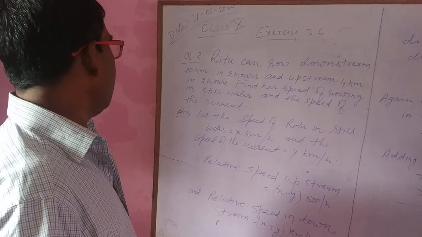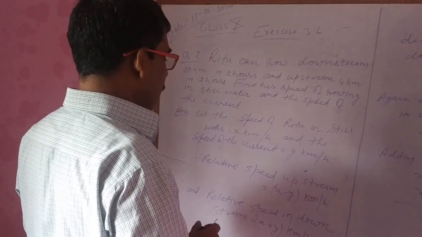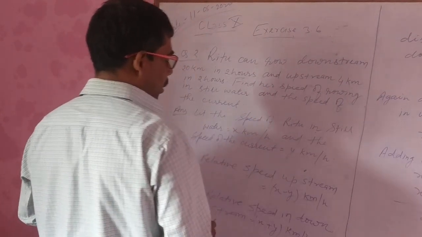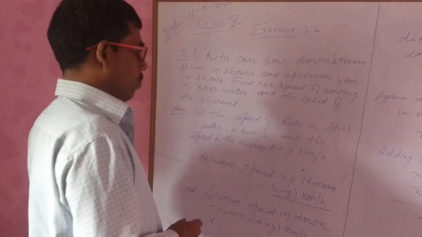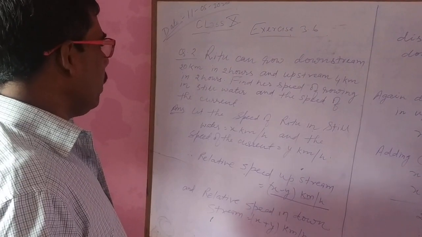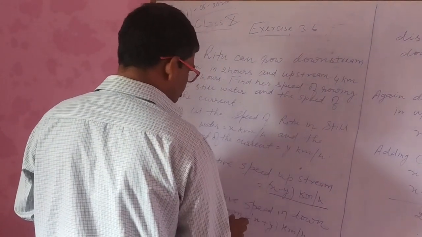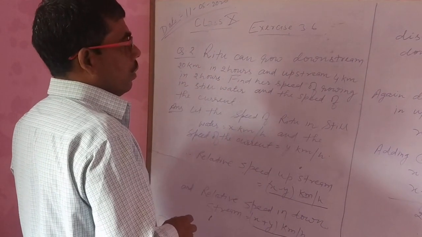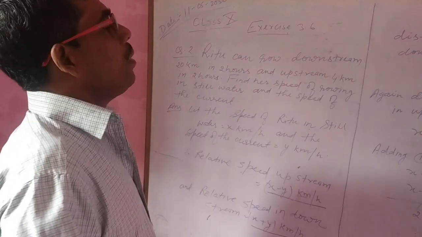If Ritu rows upstream, then the relative speed of upstream equals x minus y km per hour. And when Ritu rows downstream, then the relative speed in downstream equals x plus y km per hour. Then we find the distance covered in a specified time.